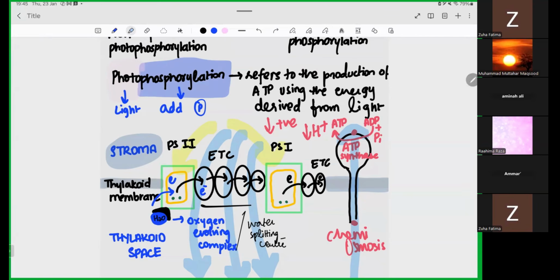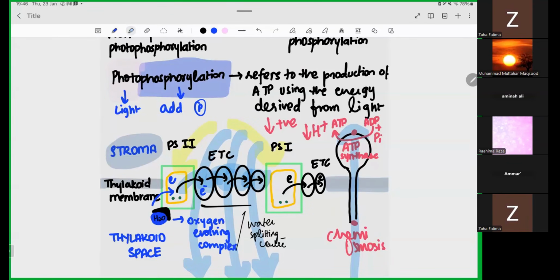However, the question is, the ETC flow has to be continued, right? There has to be a constant supply of electrons, because once chlorophyll a has given its electrons, it will not have an infinite amount of electrons. Hypothetically speaking, if a chlorophyll molecule has, let's say, 100 electrons, a point will come when all 100 electrons are finished, as it would donate or lose them under the process of photoactivation. Then where would more electrons come from?